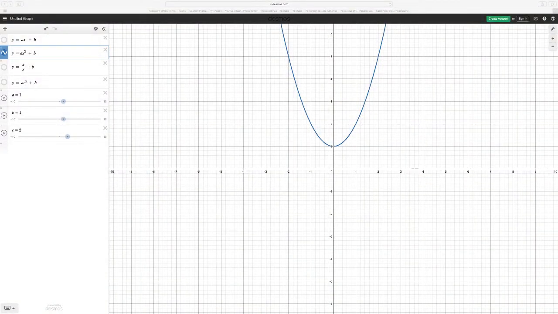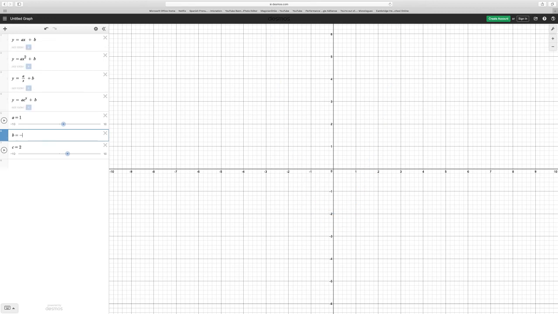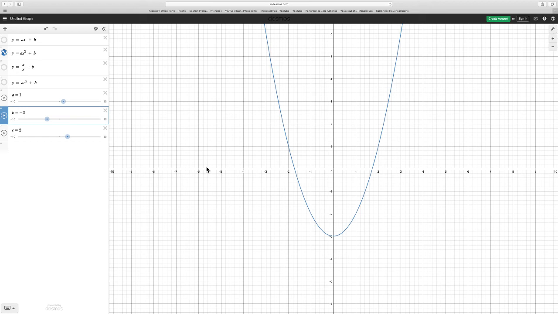So if we come here, we change b to -3, we get this graph here. And we're asking, for what values of x is f of x less than 0? Meaning we only want from here all the way to here. That's where it's less than 0.